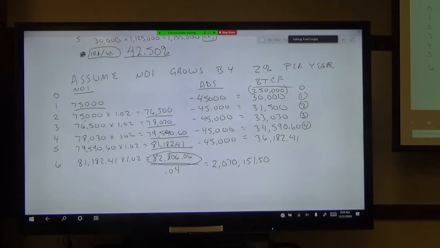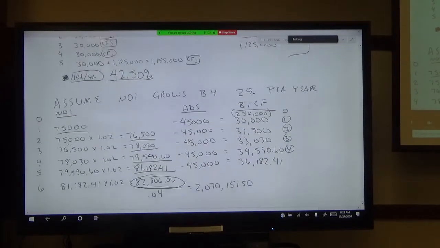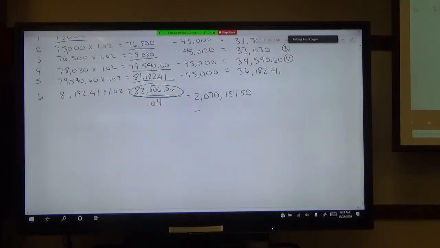Just like we did in the previous one, deduct what we owe for debt. Yep, our debt service. We still have to pay off our loan. So we've got to subtract out the $750,000 loan.